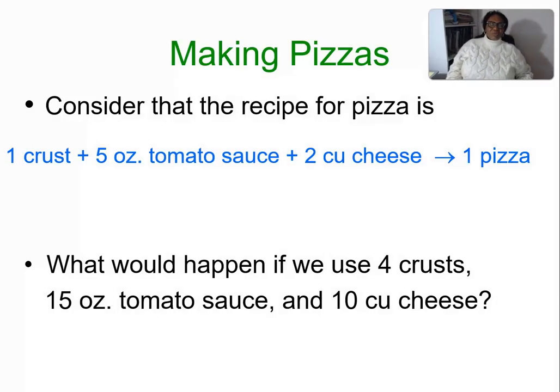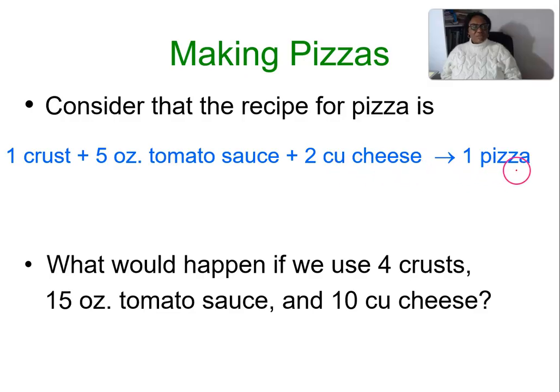Now we want to look at limiting reagent, theoretical yield, and actual yield. We are going to use making pizza so that we can have an understanding of what this is all about. So consider that the recipe for pizza is 1 crust plus 5 ounces of tomato sauce plus 2 cups of cheese.